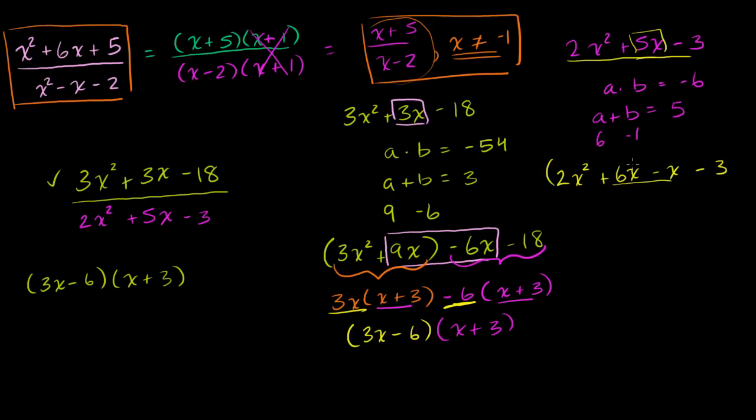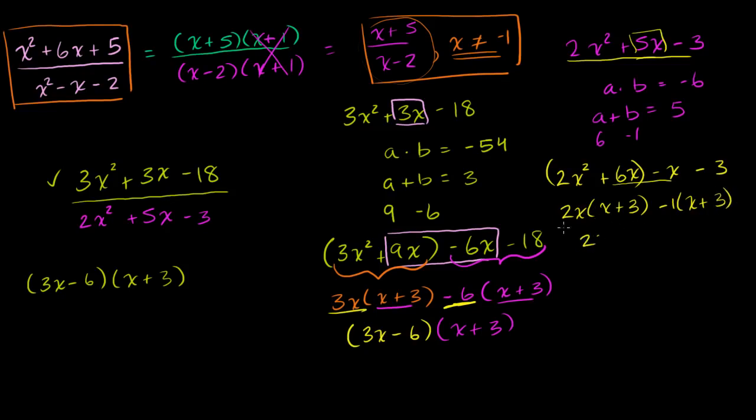And if I put some parentheses here, I can factor out a 2x out of this first term. I get 2x times x plus 3. And here I can factor out a negative 1. So minus 1 times x plus 3. And then our grouping was successful.